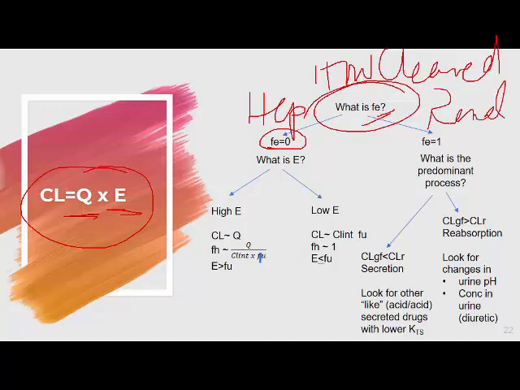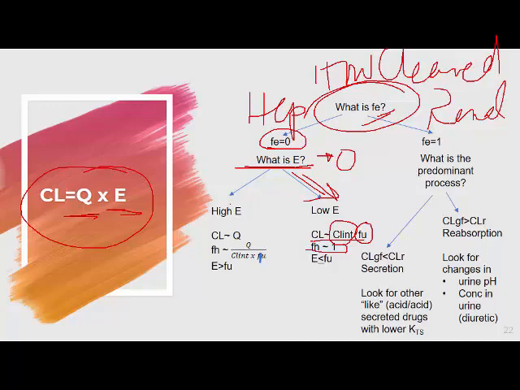So if we know that it's hepatically cleared, then we say, what's its extraction efficiency? Is it a high extraction efficiency or is it a low extraction efficiency? So if the E is approaching 0, then it's a low E. And we know that clearance is going to be dependent upon enzyme activity and binding, don't we?